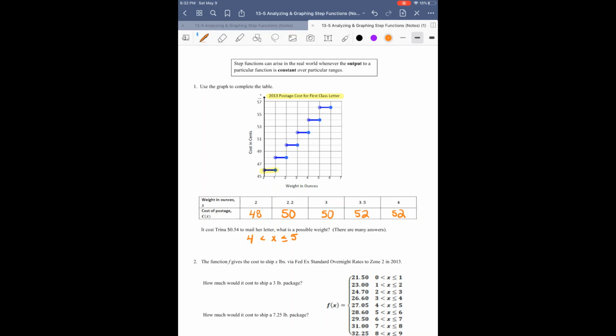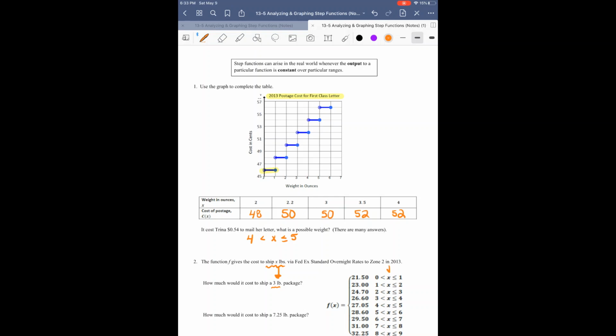Number 2, the function f gives the cost to ship x pounds via FedEx standard overnight rates to Zone 2 in 2013. How much would it cost to ship a 3-pound package? Okay, so if we're talking about weight, that's talking about the x value. So we want to find where 3 pounds falls in our domain.